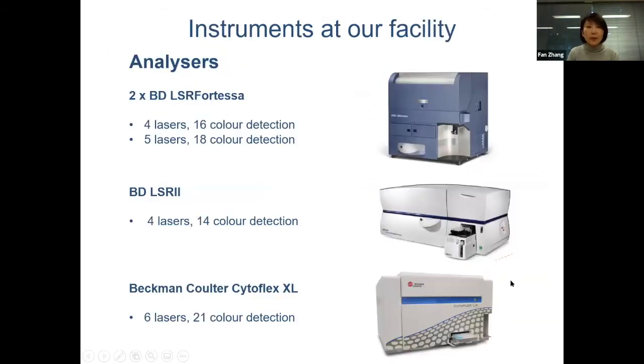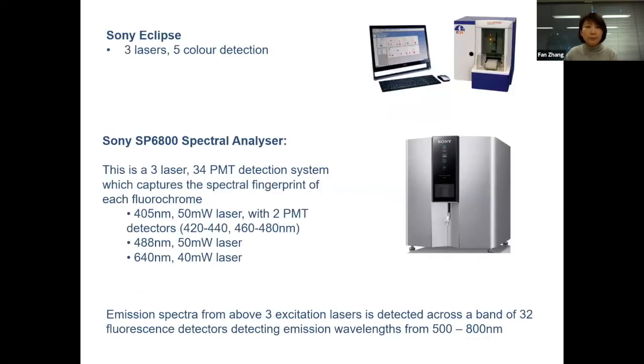For full specification of our instruments and the colors that you can do on those instruments, please refer to our internal website. In brief, we have 6 analyzers. 4 of them are high-end analyzers as shown here. They can all look at 10 or more colors at the same time.